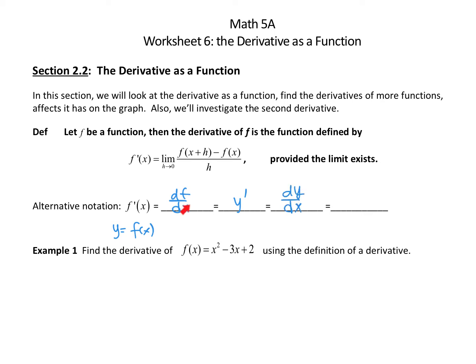It's a similar concept: I'm taking y and taking the derivative with respect to x. Another way to say it is d dx of f of x. Basically, I can separate d dx. This means take the derivative of what? f of x. So these are just different notations we're going to be using.